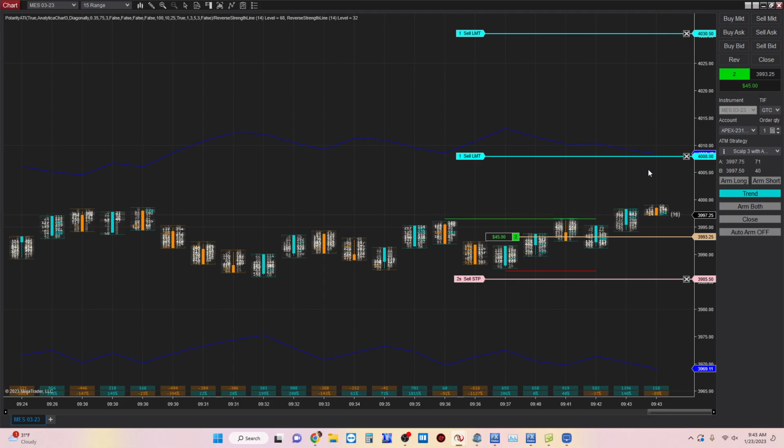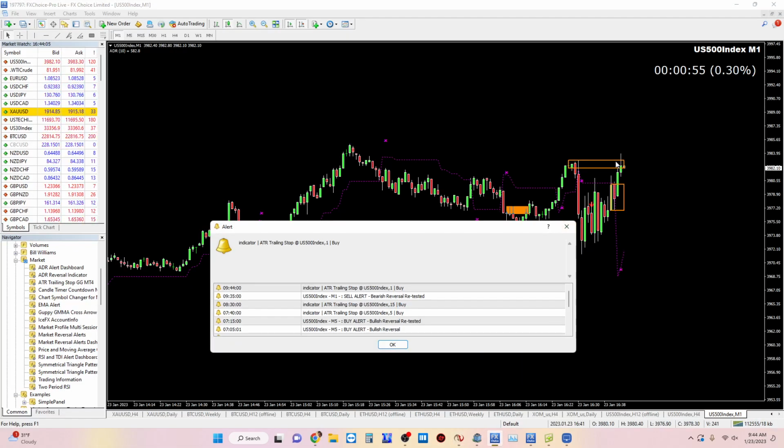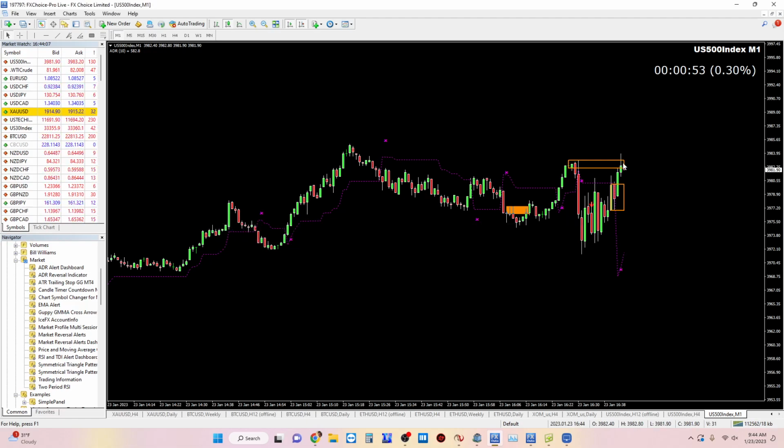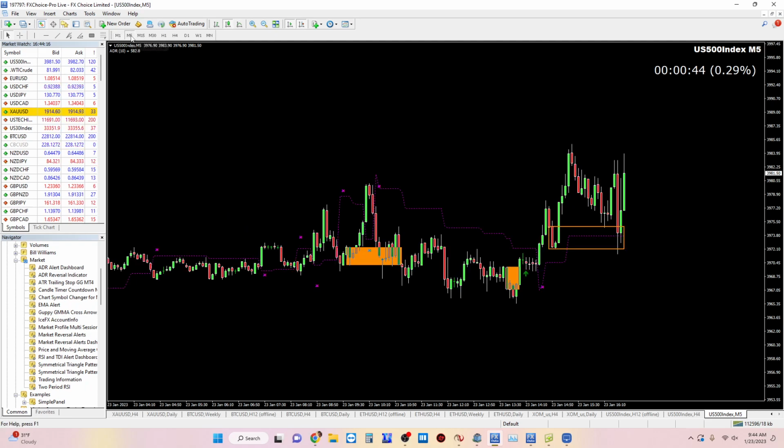And very questionable if we're going to make the swing. But it looks like we're getting ready to possibly break the 1 minute market structure. Looks like it's coiling. Now we got a war between the bears and the bulls right now. They're going to start fighting.